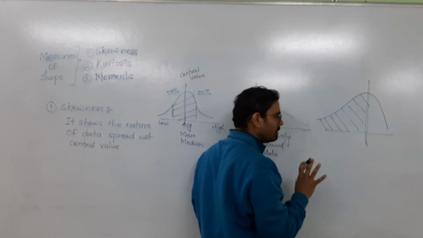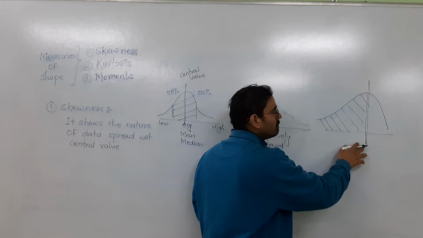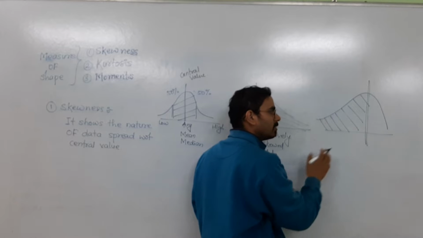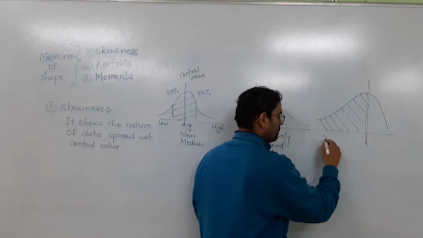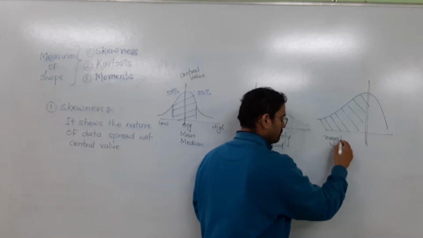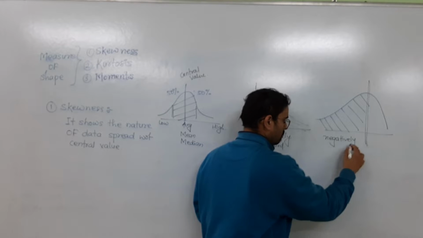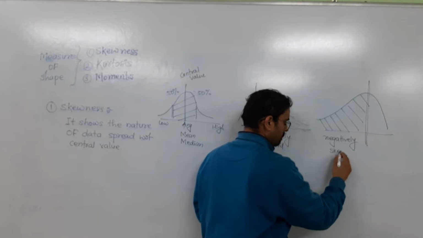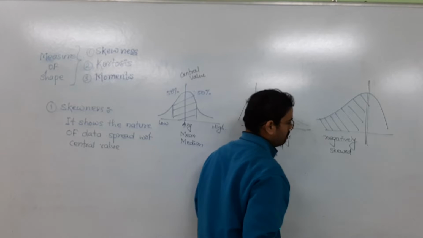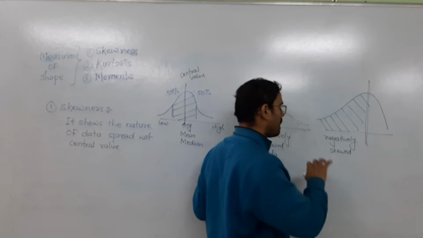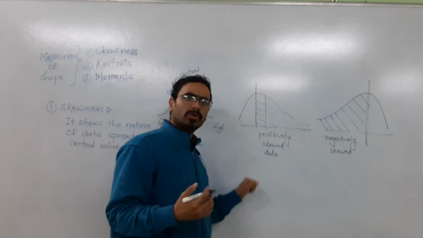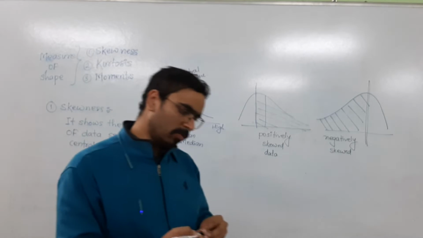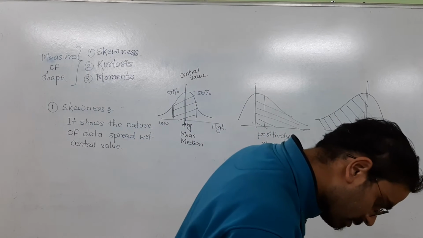This is the central value, but maximum data is lying on the left side, so that is negatively skewed. Generally, theoretical questions are not asked on this topic, so we have to directly learn the formulas.